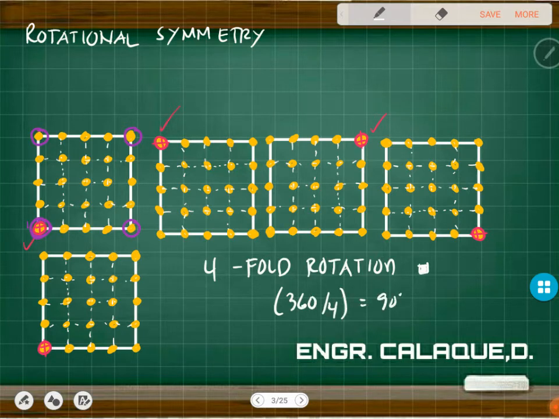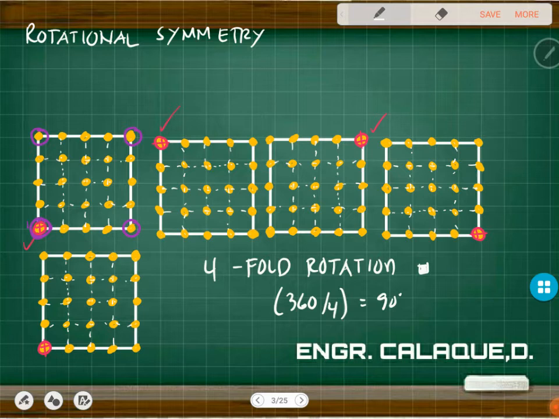If it moves 360 divided by 3, we call it a threefold rotation. It returns after only three turns, so probably that could be an equilateral triangle crystal face. So it returns at 3 rotations. And 360 divided by 2 is 180 degrees, so that is a two-fold rotation. Okay?